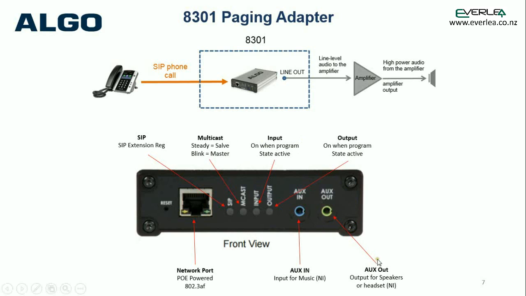And then we've got an aux out, basically for either a headset or for speakers if you so wish. Because this is very much running like a little voice server, a scheduler, you can actually play announcements and listen to announcements whilst you are programming it via browser.